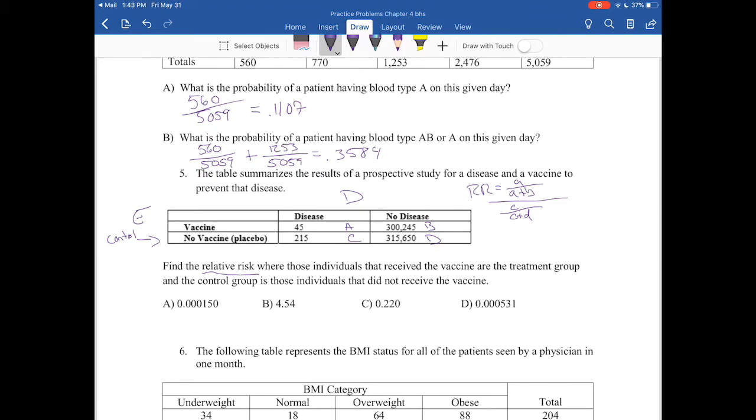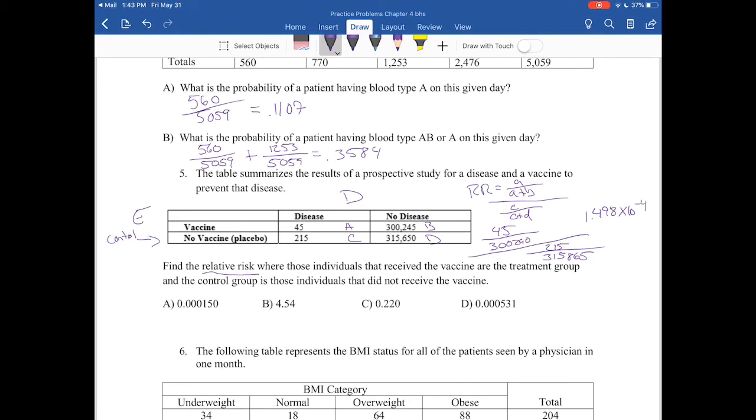So our relative risk will look like this. It'll be 45 over the total of A plus B all over the total of C over C plus D. Now, when you do this, you're going to get a very small number, and on some calculators, you're going to get scientific notation, which will be, for the top part, 1.498 times 10 to the negative fourth.